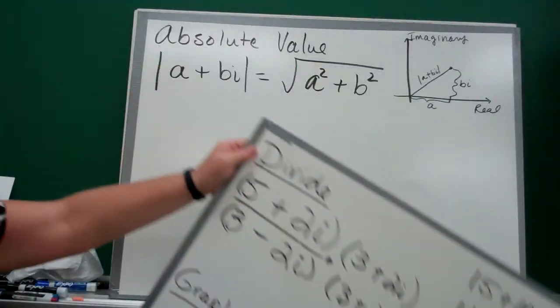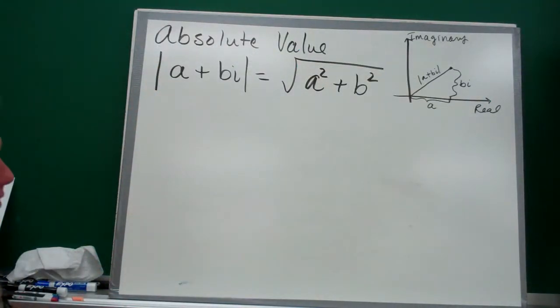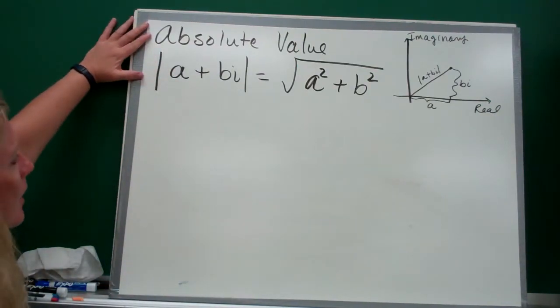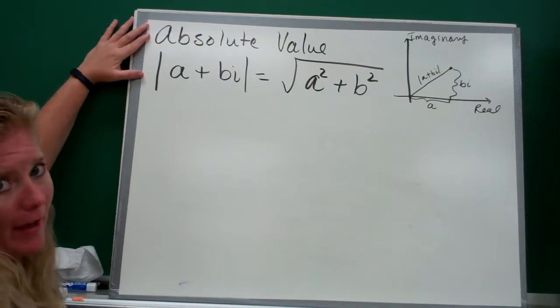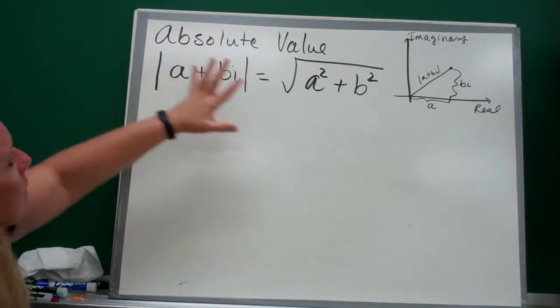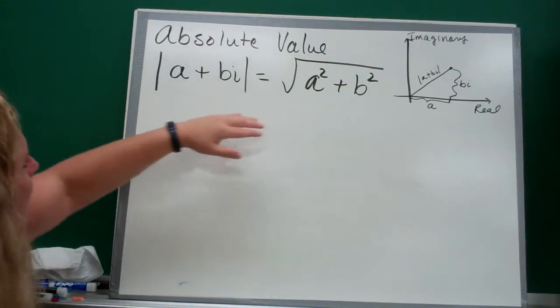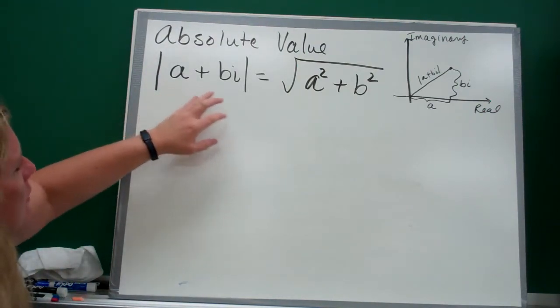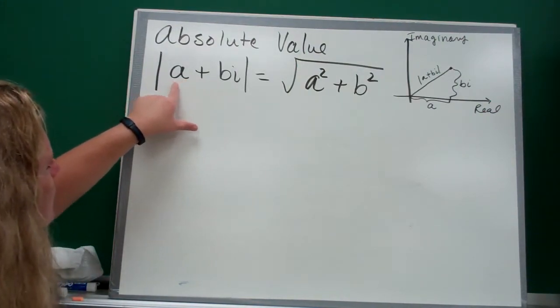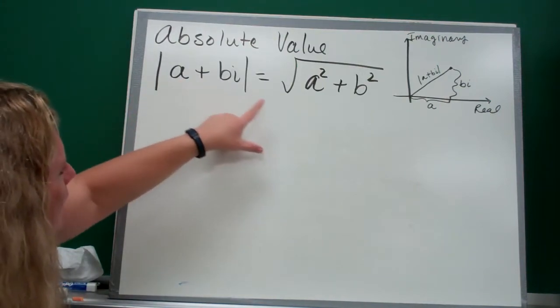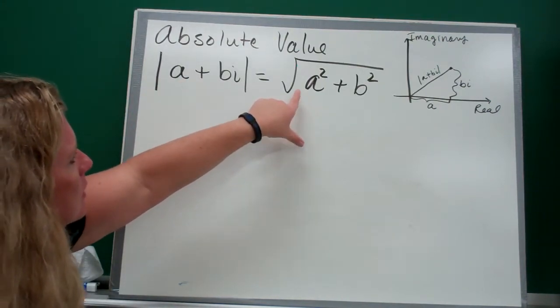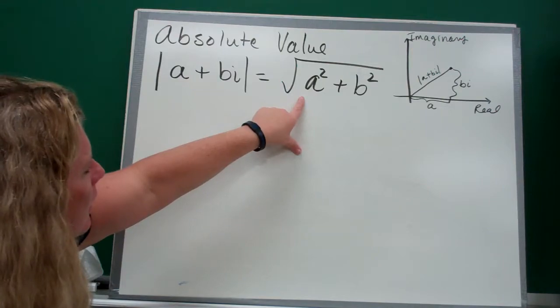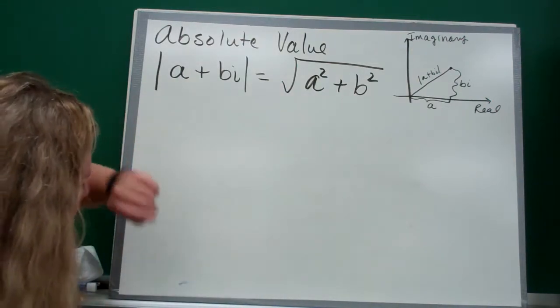Now, the last thing we can do is find the absolute value. Finding the absolute value of a complex number. We've got this formula, and to do this we forget about the i, and we're just going to deal with a and b. And we're going to find it by doing the square root of a squared plus b squared.